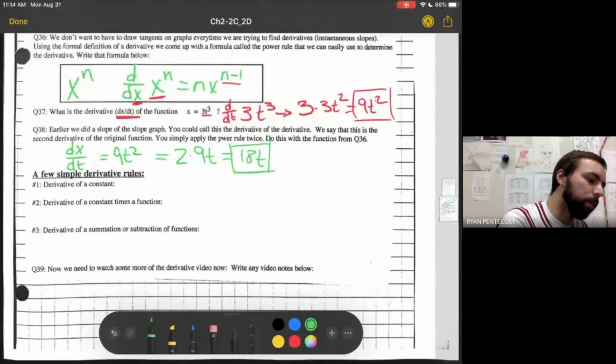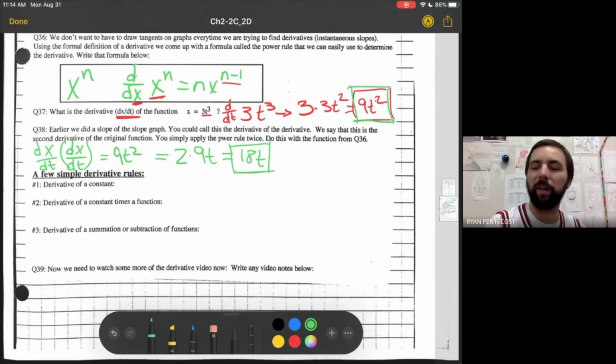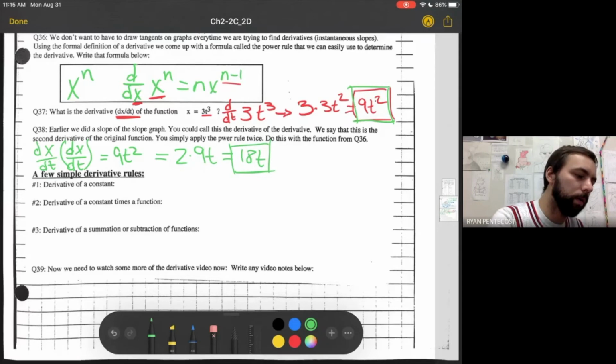So what you're doing is because we already have dx dt, this up here is dx dt. So what you're doing is you're taking dx dt of dx dt. You're taking the derivative of the derivative, right? So I believe, and sometimes I get the exponents mixed up on this, but that means that this is called d squared x over dt squared.